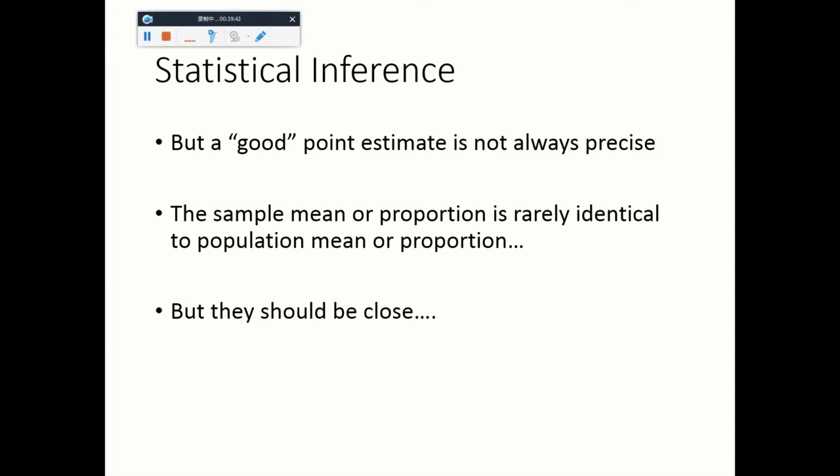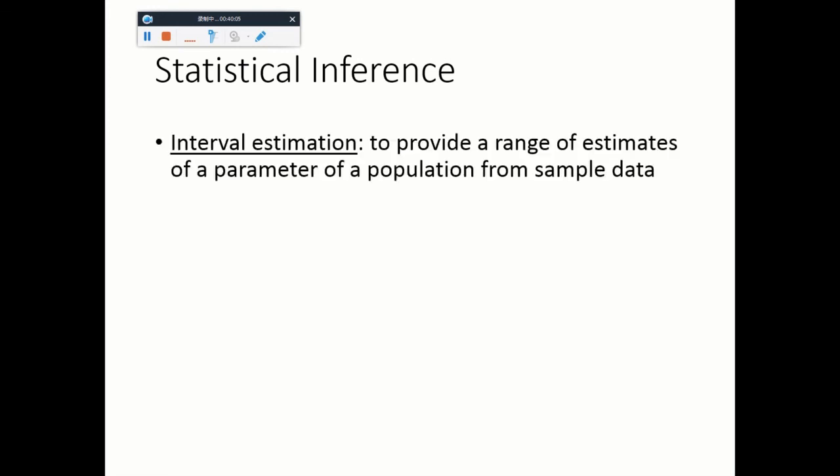They should be close, but the question is, how close? We can say in a scientific report or in a report to your boss, my guess of the monthly sales is very close to the true sales number, right? Your boss is bound to ask, well, how close? And that's where interval estimation comes in.